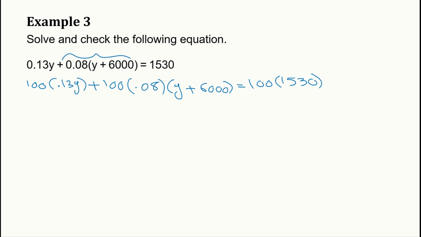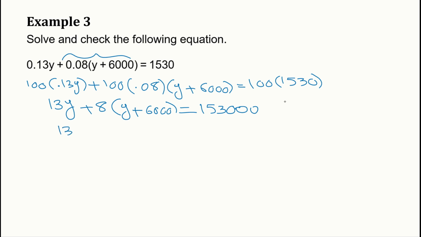1,530. So on the left side, we have 100 times 0.13, which just gives us 13y, plus 100 times 0.08, which gives us 8, times the quantity y plus 6,000, equals, and on the other side, we have 153. There is a 0 already. We add 2 more zeros for the 100. So like that, okay? 153,000. So we keep going, 13y.